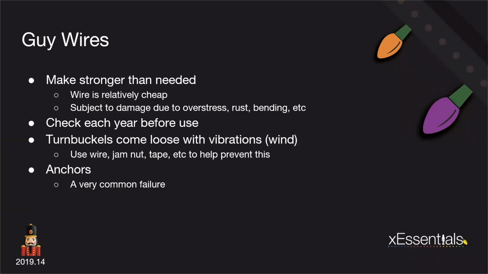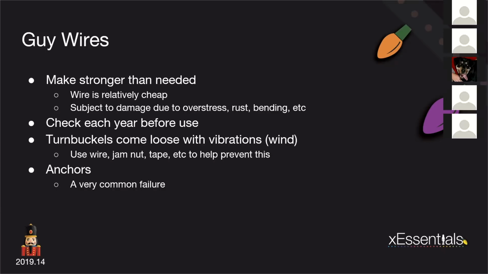What you can do is check it every day, which can be kind of annoying, especially in a windstorm, but use a wire to wrap around the threads to tie the two sides together, put a jam nut in there, even wrap something like duct tape around it so it can't move on the threads, which will help keep that from loosening up over time. The more you can do to prevent that from loosening, the better off you're going to be.